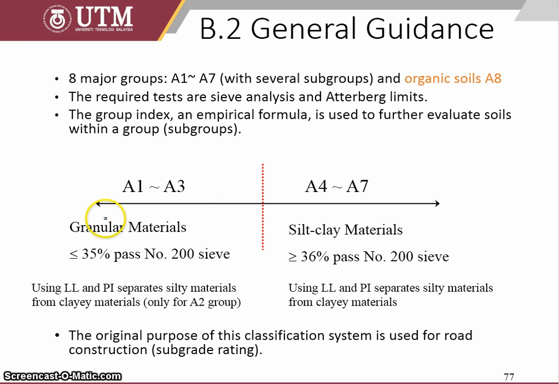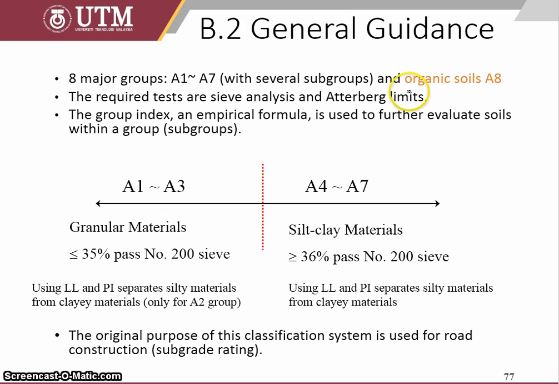In the opposite, if the soil passing is less than or equal to 35%, it is classified as a granular material, which falls under either the A1, A2 or A3 group.